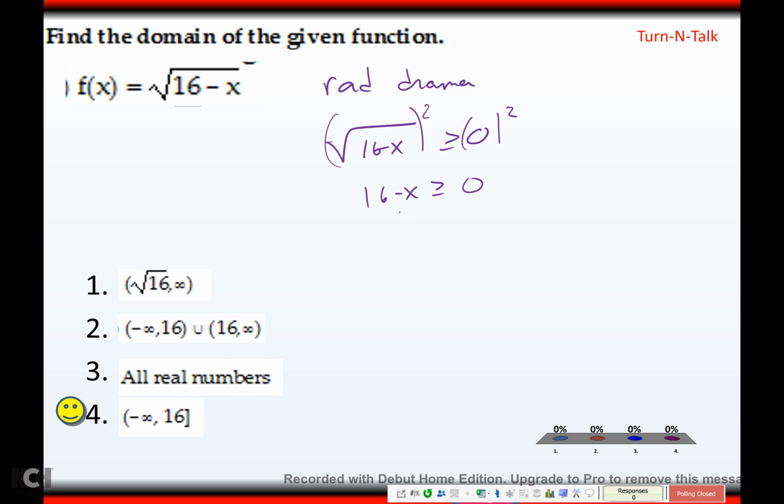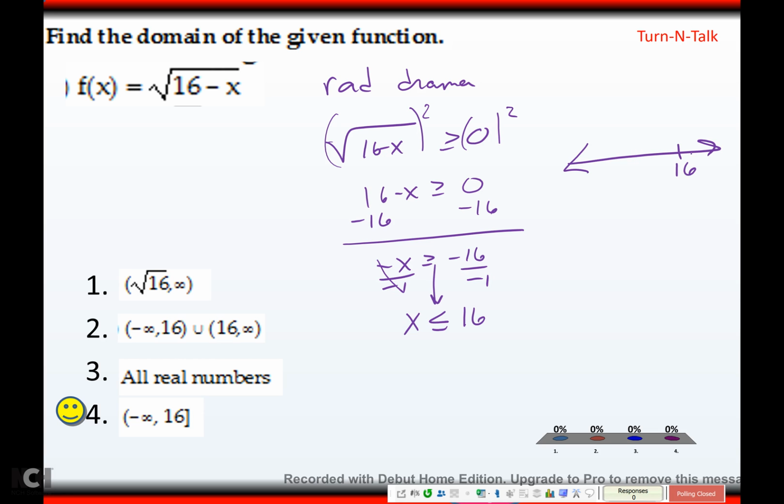Let's not add x. You could, but I want to show you something. Negative 16 to both sides. I get negative x greater than or equal to negative 16. When you divide an inequality by a negative, remember that inequality flips. So this says that x has to be less than or equal to 16. And that's my only drama.